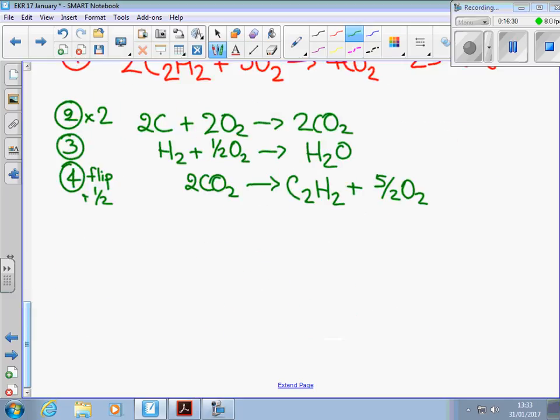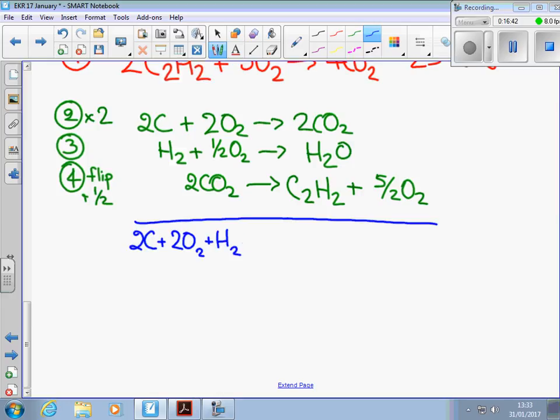And so if we add that lot up, hopefully we will have 2 carbon, 2 oxygen, a hydrogen, half an O2, 2 carbon dioxides on the left.